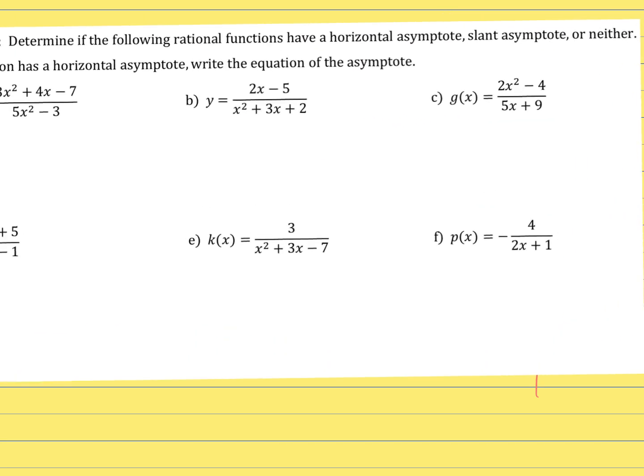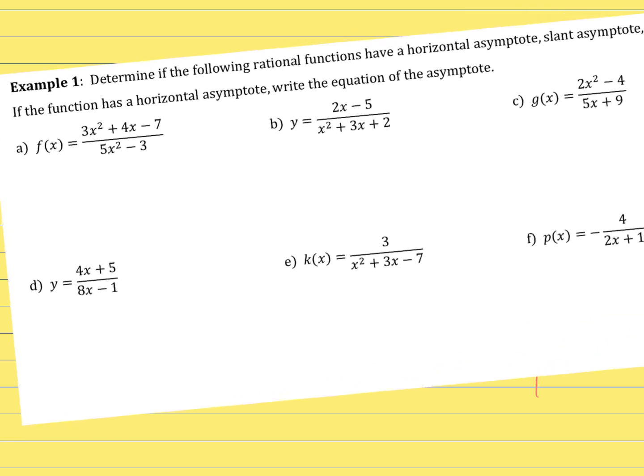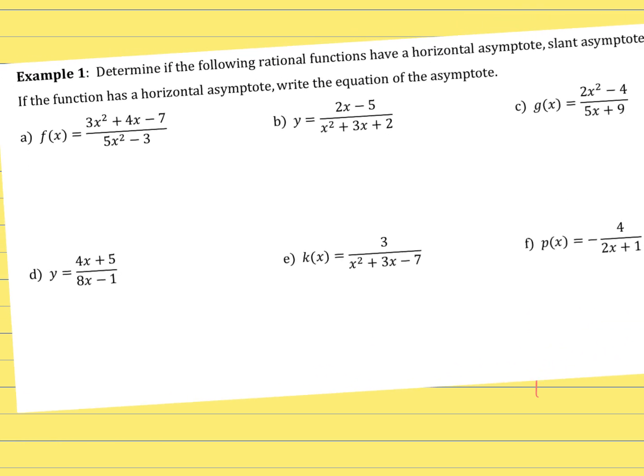So let's take a look. For letter A, we have the function 3x squared plus 4x minus 7. Now, in order to find a horizontal asymptote, we have to determine, first of all, what in the numerator is going to be my placeholder, just like it was on the previous screen. We had one placeholder in the numerator, which means we also have to have one placeholder in the denominator to create some ax to the n and bx to the d.